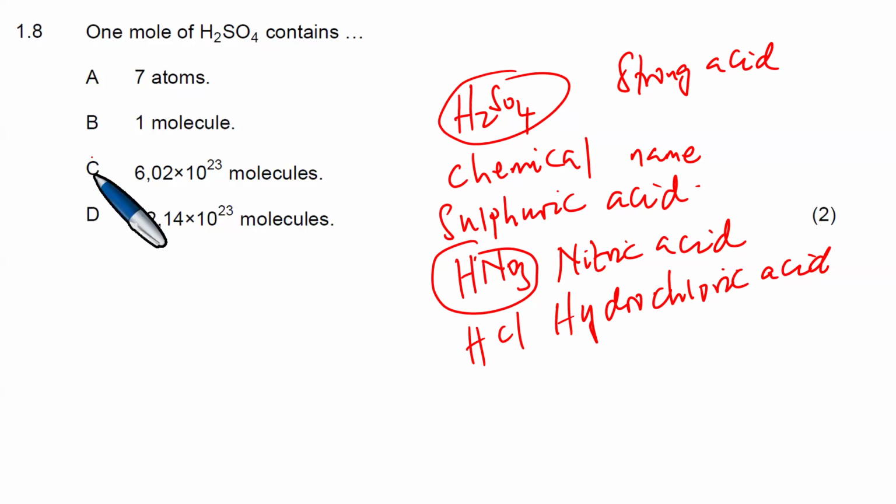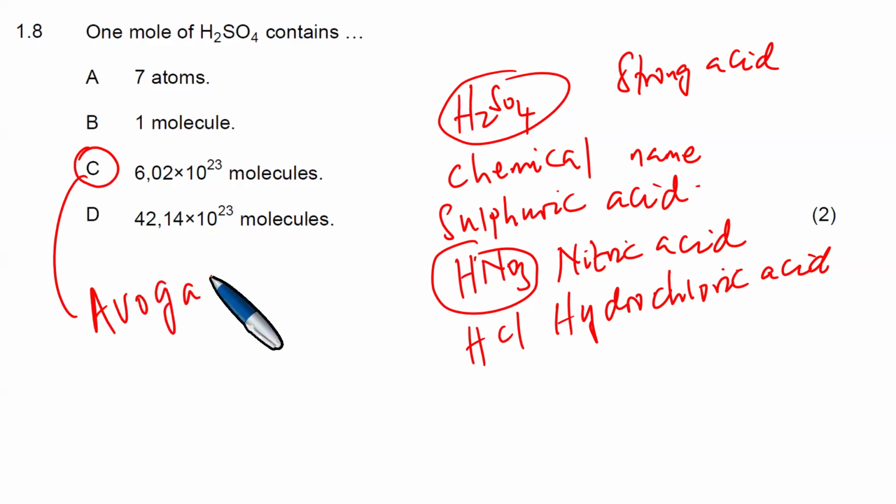It is exactly what you call Avogadro's number. So 1 mole will therefore contain Avogadro's number. This number is a specific number, and it's not just a number, it is called Avogadro's number.